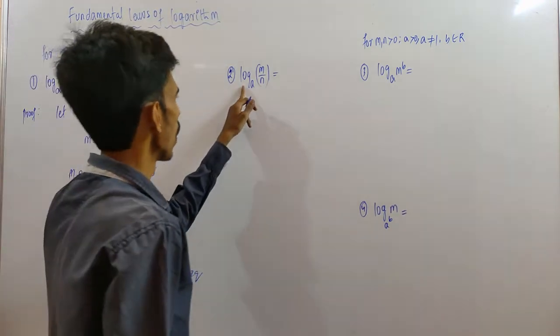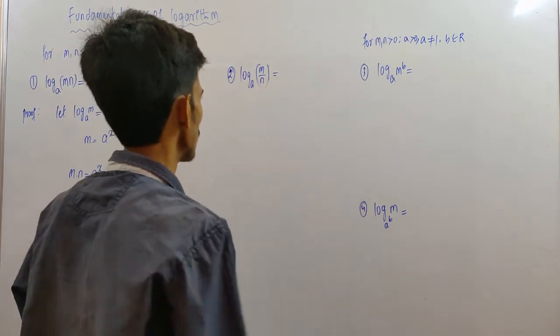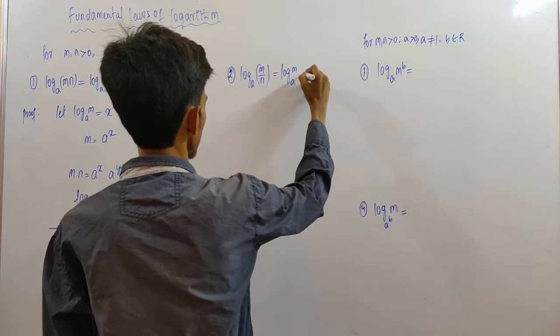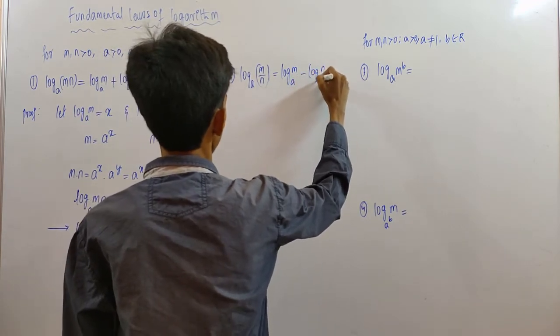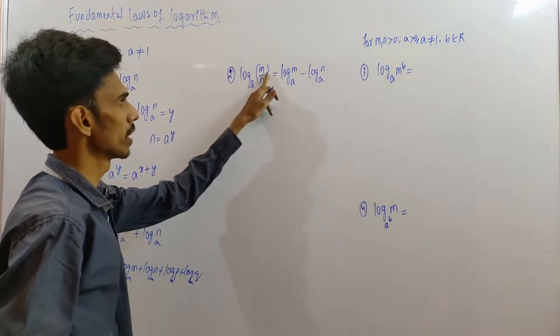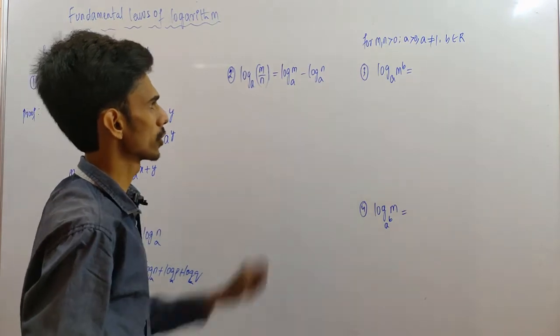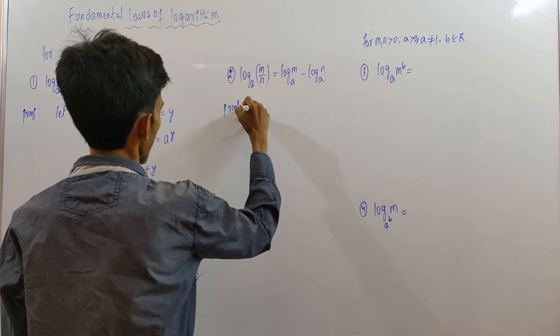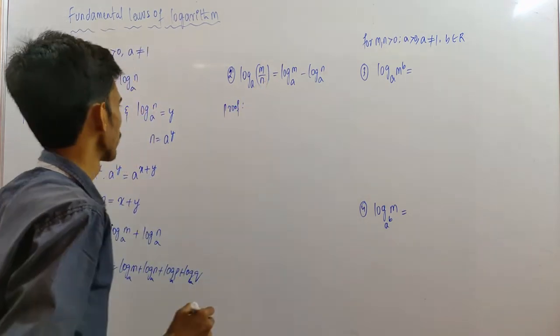Similarly, log m by n to the base a value is log m base a minus log n base a. Division m by n will become subtraction here. So let us prove this. Here division is there.